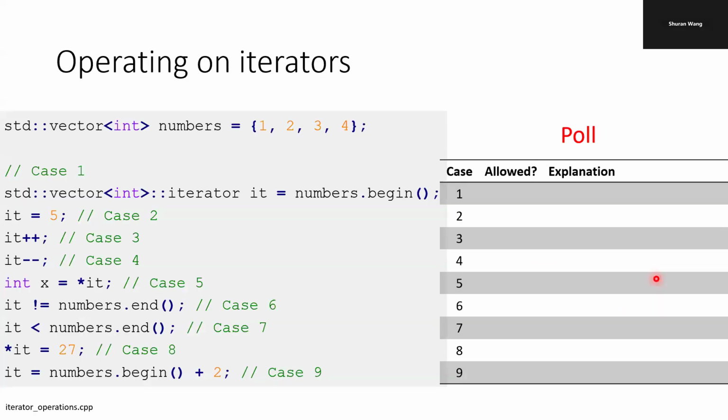Let's go over some example usages of iterators just to get the idea. Case 1, we're declaring a std::vector<int>::iterator object called it, and we are assigning that to numbers.begin. Can I get a show of hands? How many of you would think this is valid?